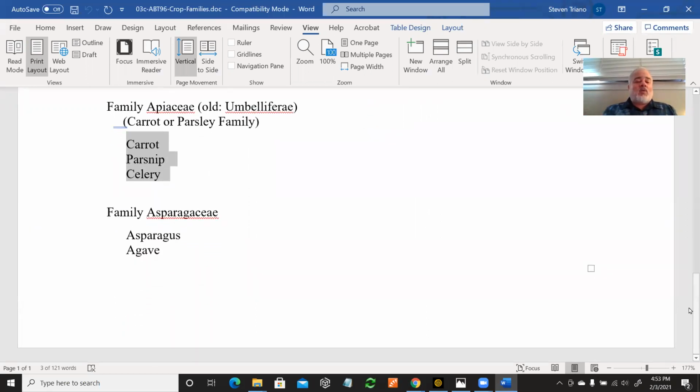And then the last one, we'll wrap it up with Asparagaceae. And I've made a point of this class. If I ask a question on a test, which important agricultural crop in the Salinas Valley is a member of the Asparagaceae family? If I ask that question and you get it wrong, you automatically get an F in the class.